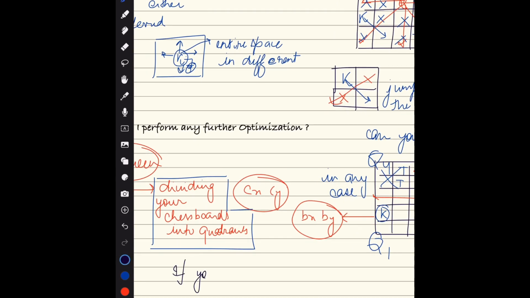And if your king and target have the same quadrant, then it is always possible for the king to move. Always possible to win.